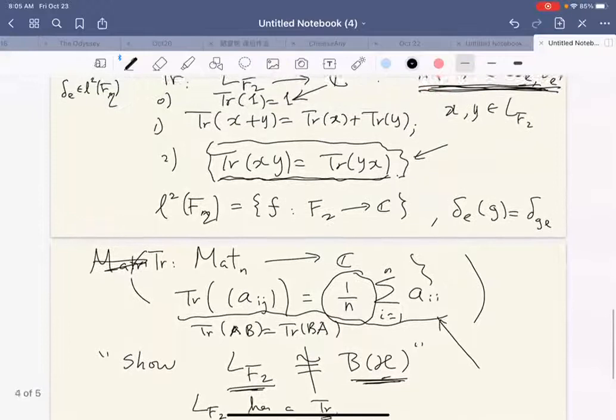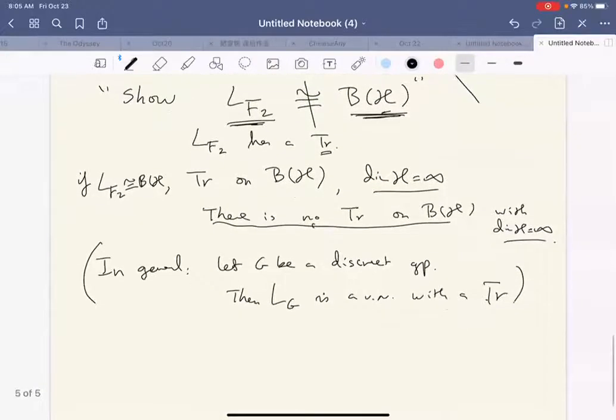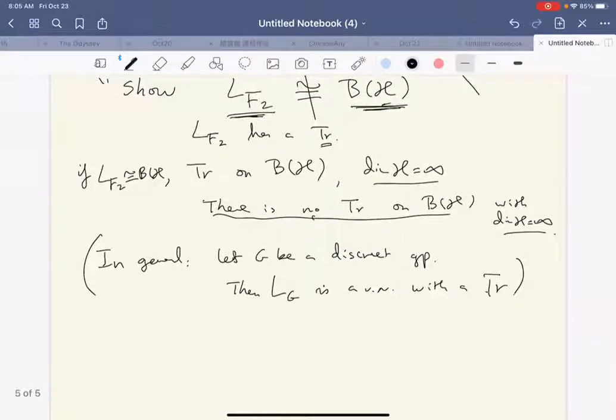So that's the 2 examples, and in fact, let me ask you a question here. Since you have a very general statement, if the dimension of a Hilbert space is infinity, then there will be no trace. But LF2 also has an infinite dimensional Hilbert space. Yes.